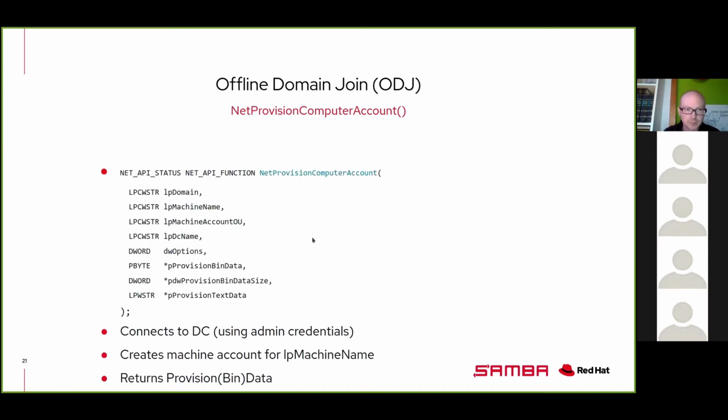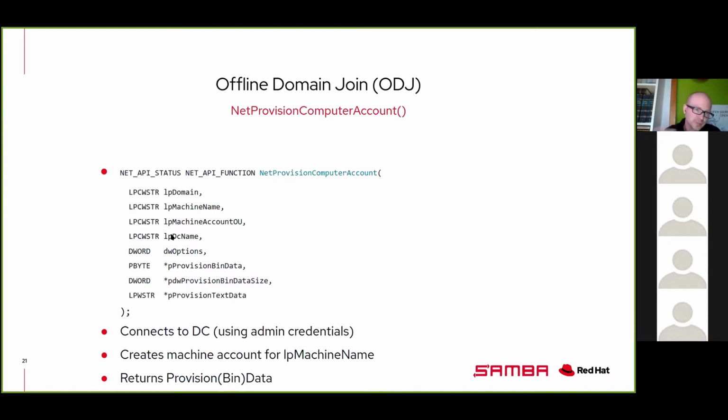So I'm just showing here the header file definition of this first call, NetProvisionComputerAccount. You see it's really no big mystery what it takes. It's just the domain name, obviously, so the domain that you want to join to. The machine name, that's also a string that you need to define, that obviously defines the machine. And these other things are all optional, like joining to a specific account organizational unit in AD.